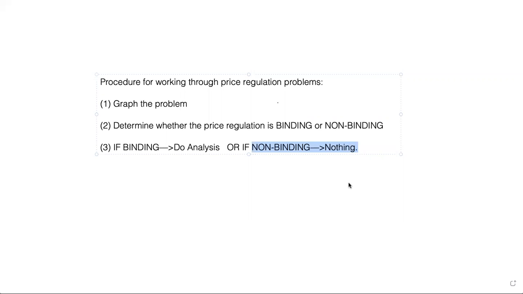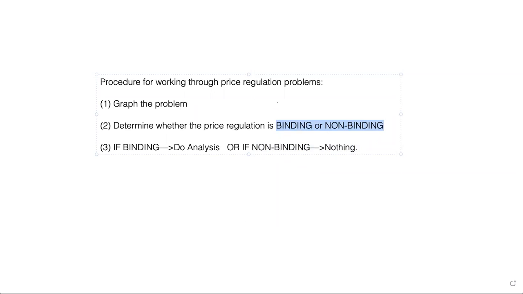Does that make sense? Yeah, it does. This is a really important step as you work through the problems on Ignithium. If you don't determine whether the regulation is binding or non-binding, you'll answer some problems wrong, because the answer in the non-binding case is often zero because nothing's happening.